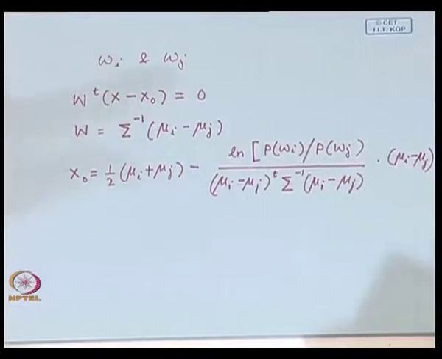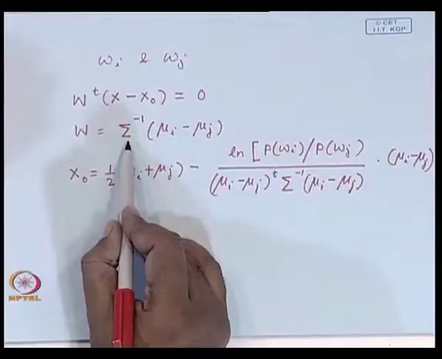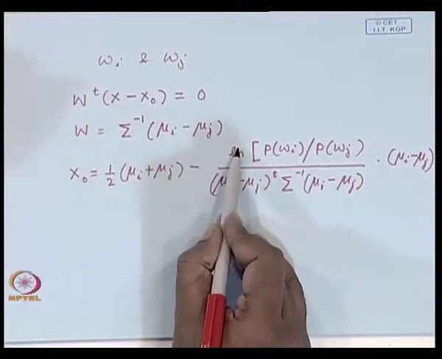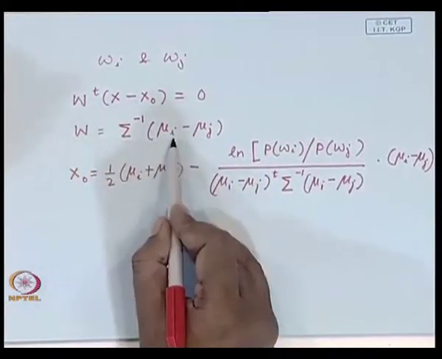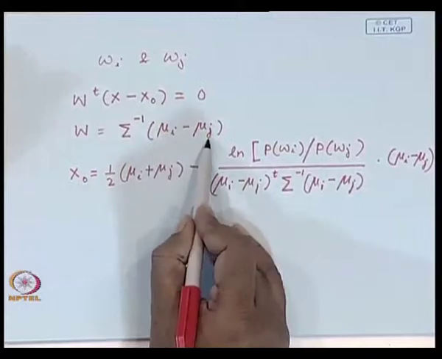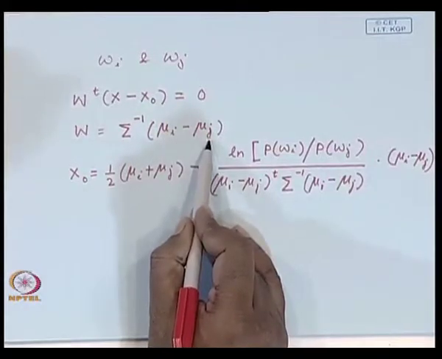So, w had the same direction as the vector μ_i μ_j, but Σ^{-1} (μ_i - μ_j) is not in general in the direction of μ_i and μ_j. As a result, this vector w is not in general in the same direction as the vector μ_i μ_j.